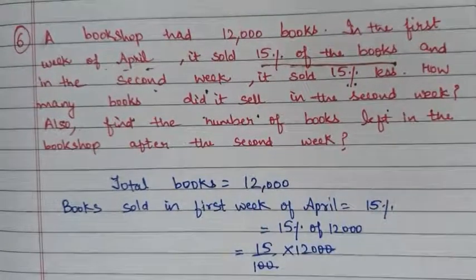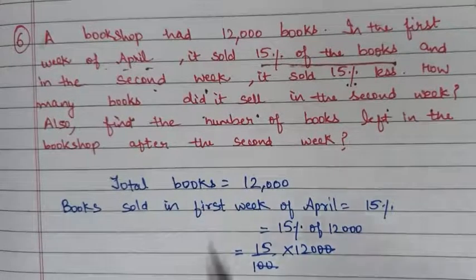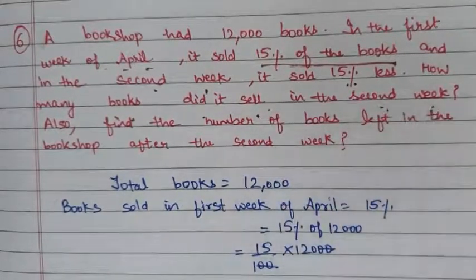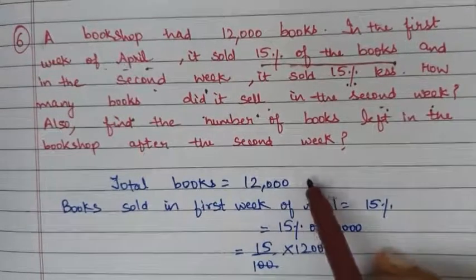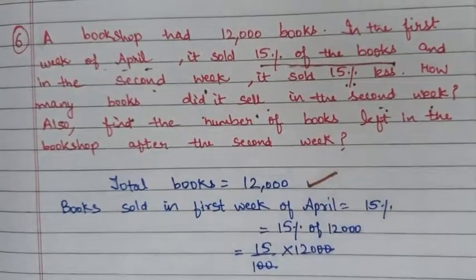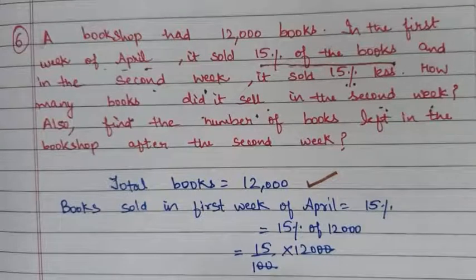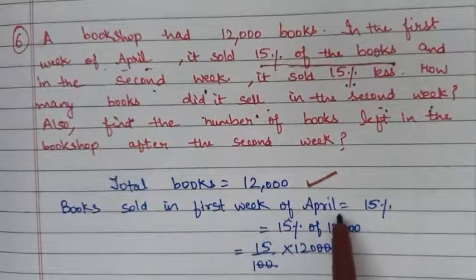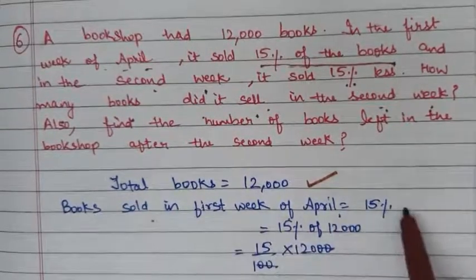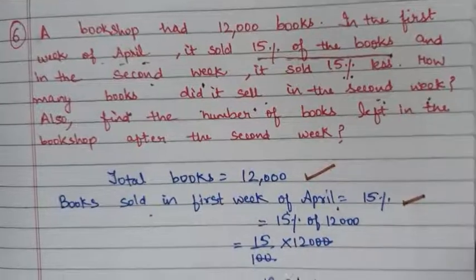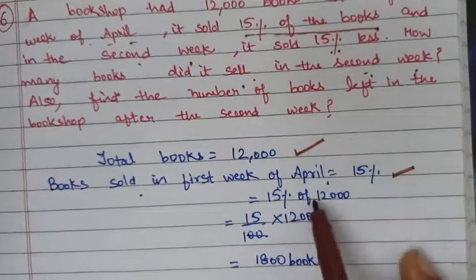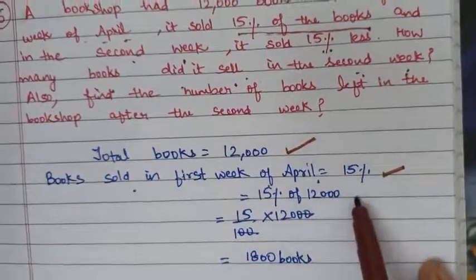First of all, we will find out the number of books sold in the second week. Now the total books given to you is 12,000. In the first week of April, books sold are 15%, that is 15% of 12,000.